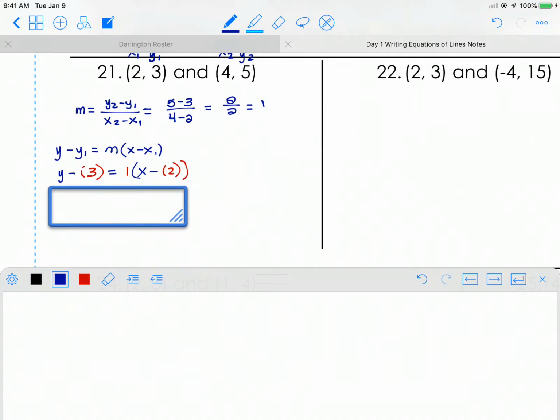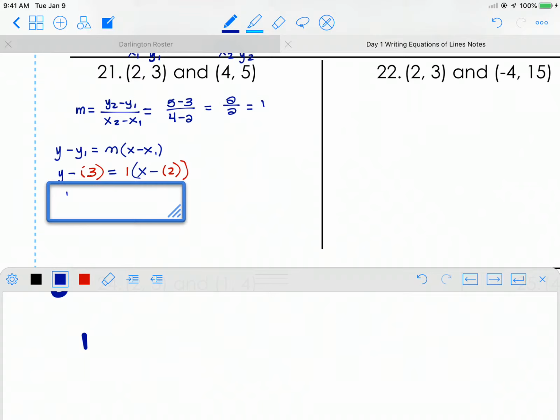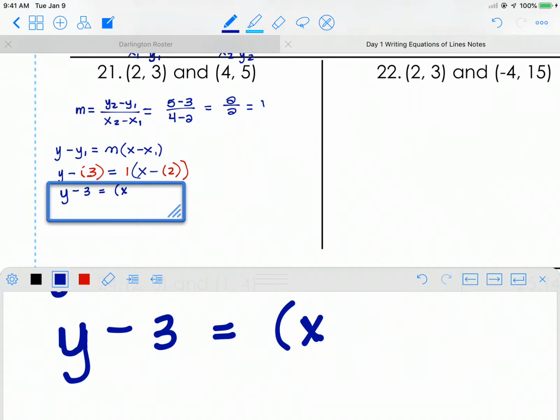Clean up our parentheses, see if we have to apply any negatives, but we don't. Y minus 3 equals x minus 2. Because our slope was 1, we don't write that 1 in front of the x, so we just drop it off of there.